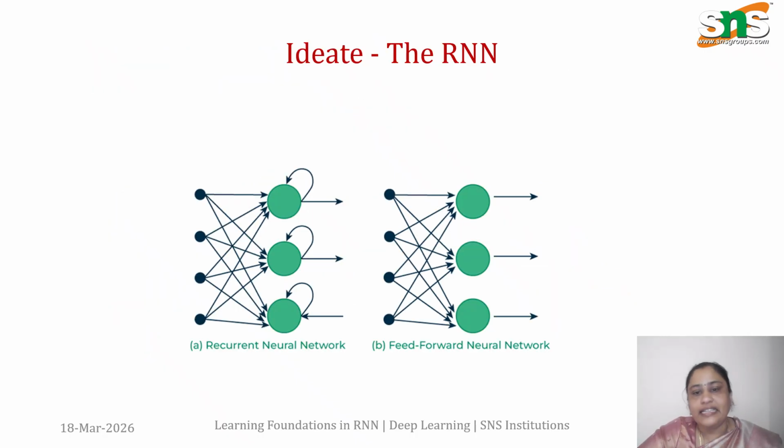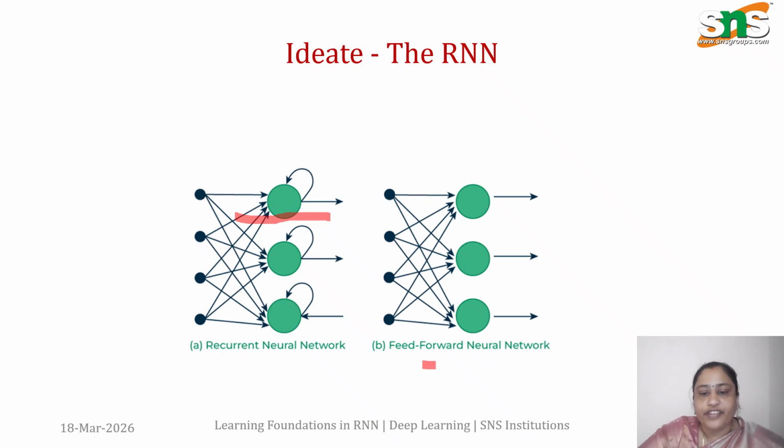The important thing about RNN is the looping structure, as I told you before. This looping structure is responsible for keeping some information in memory, and with the information available in memory, it processes the input and finally gives the output.